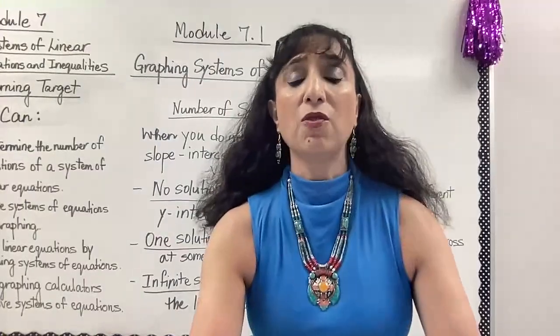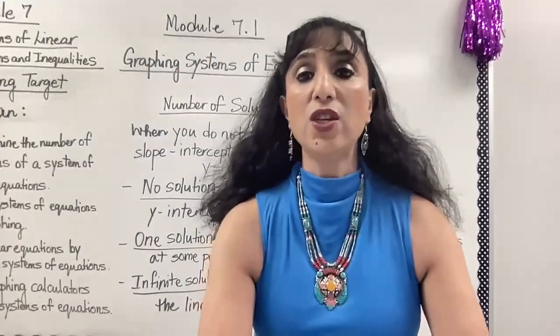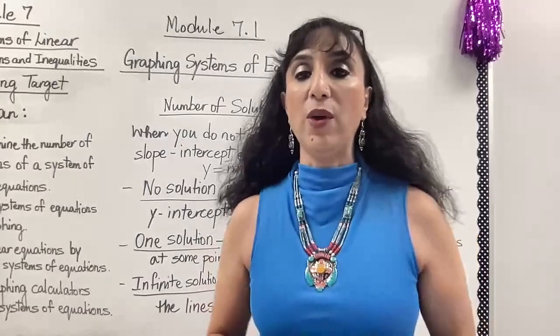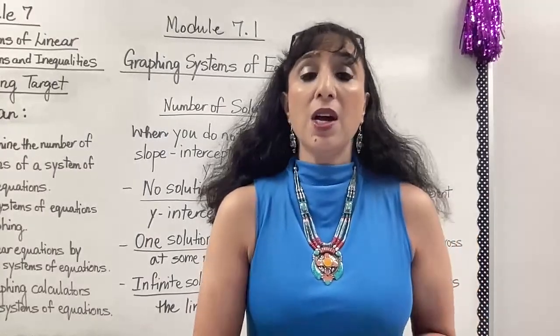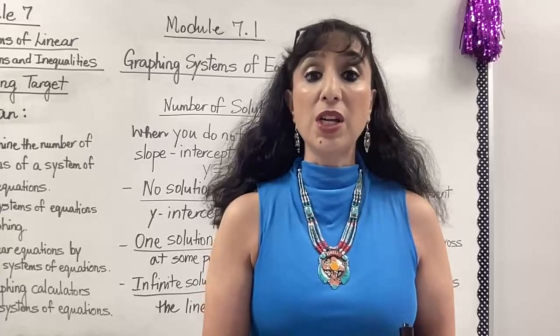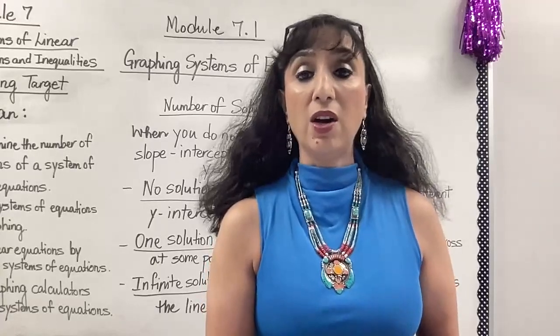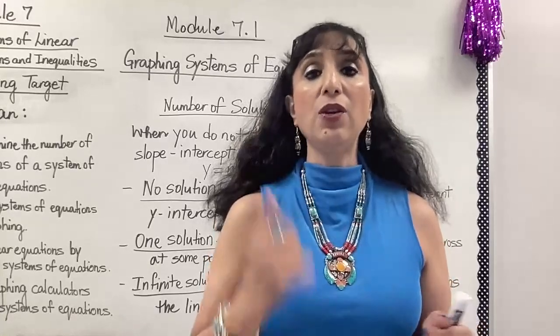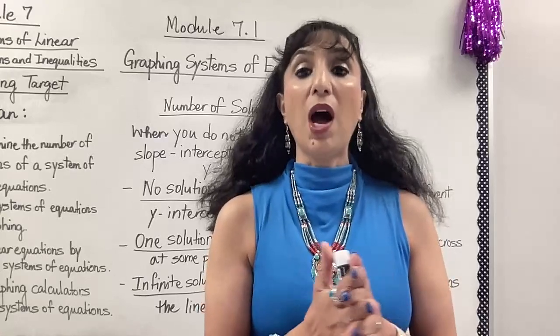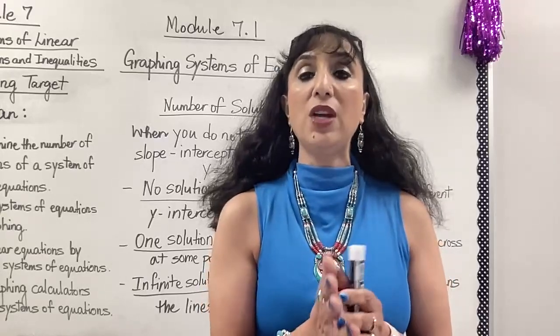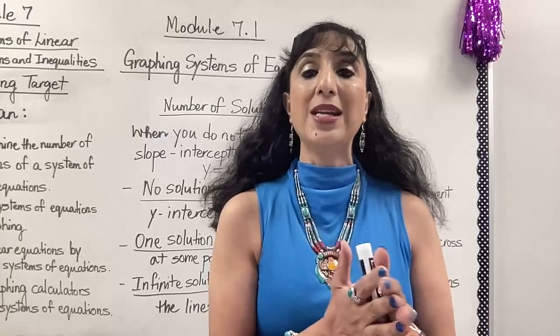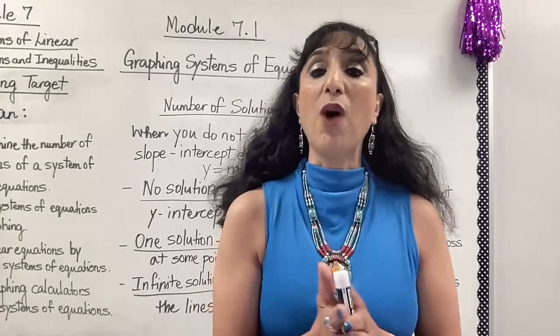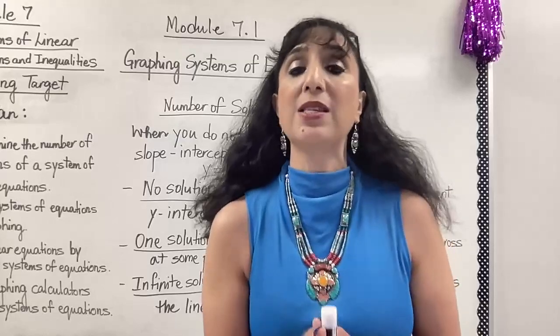So sometimes a graph is not provided, and then you just have to look at the linear equations and figure out if there is no solution, one solution, or infinite solutions. The first thing you need to do when you are given the equations is put them in slope-intercept form, which is y is equal to mx plus b.